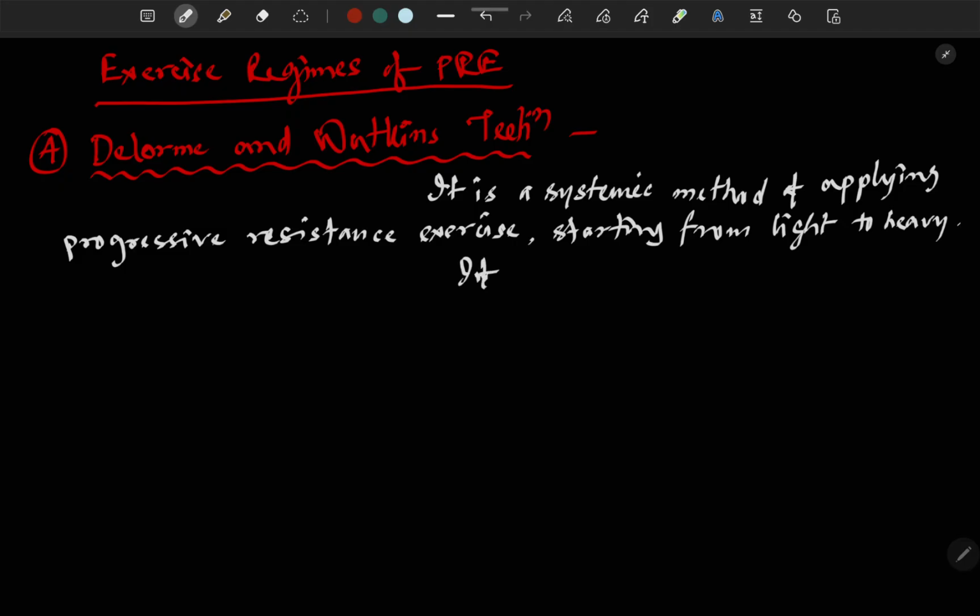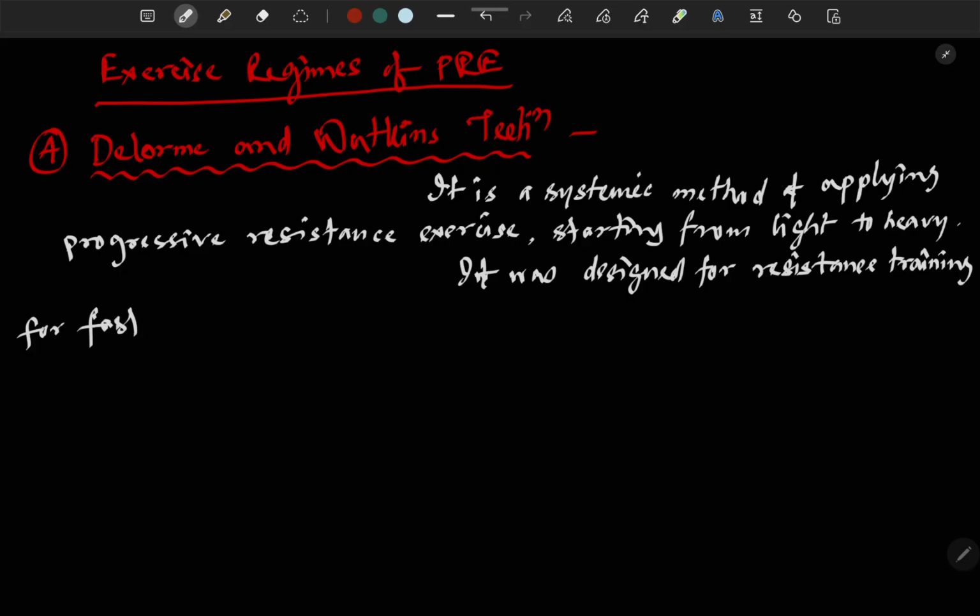It was designed for resistance training for faster recovery of the patients.